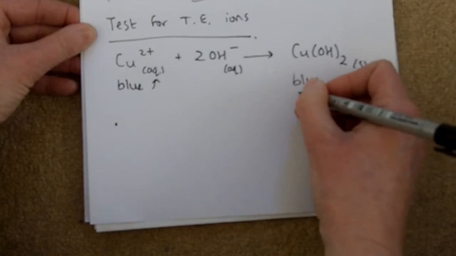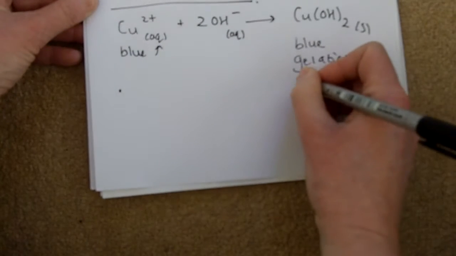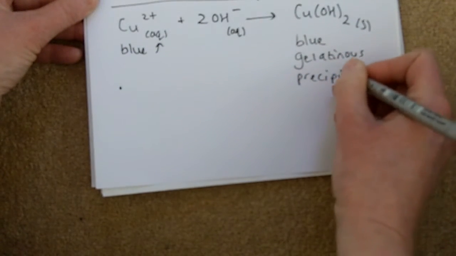It looks like jelly, so we call it a gelatinous precipitate. Be careful with your spelling: precipitate.